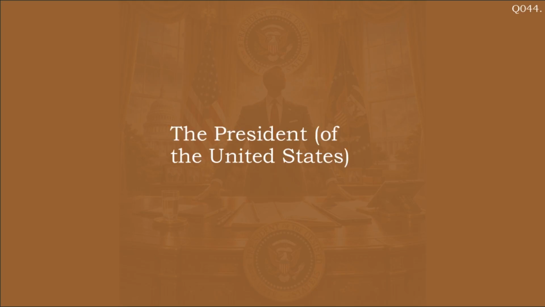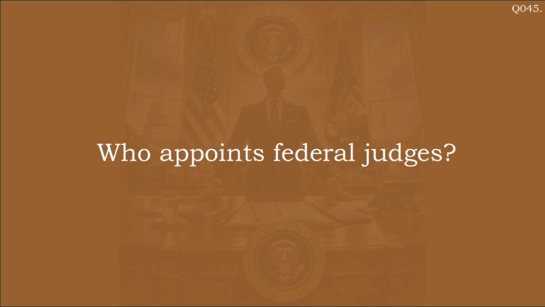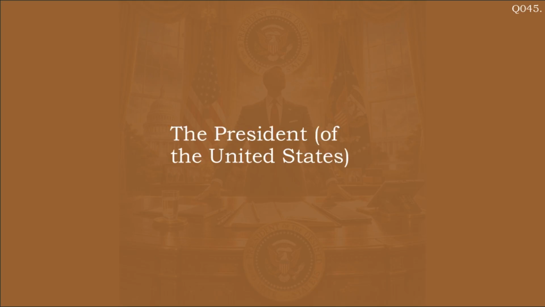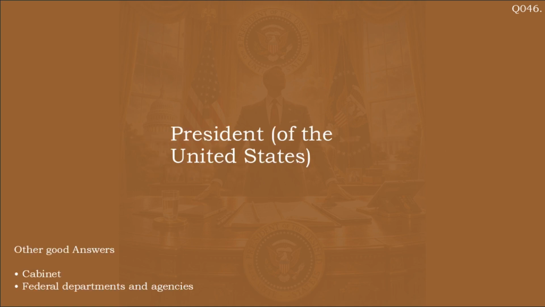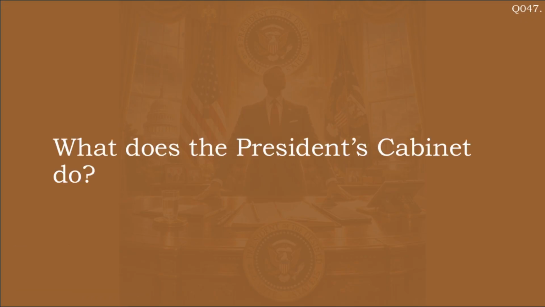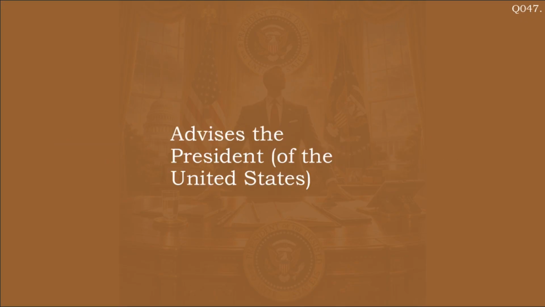The President. Who appoints federal judges? The President. The executive branch has many parts. Name one. President. What does the President's cabinet do? Advises the President.